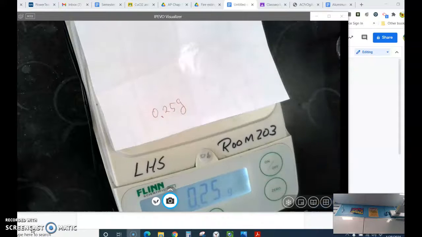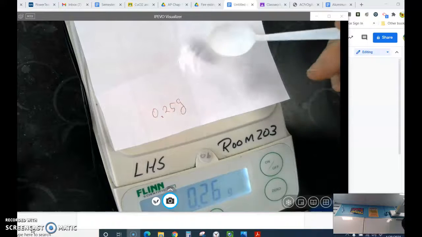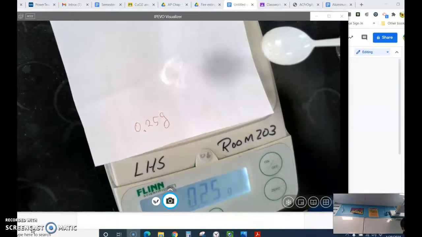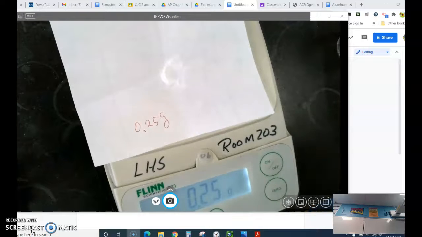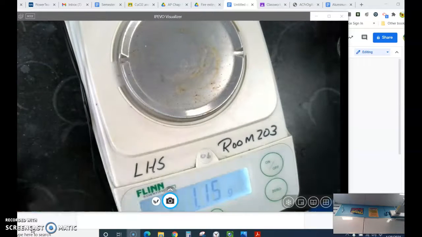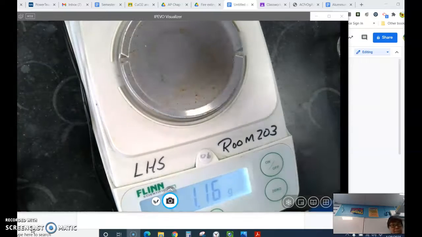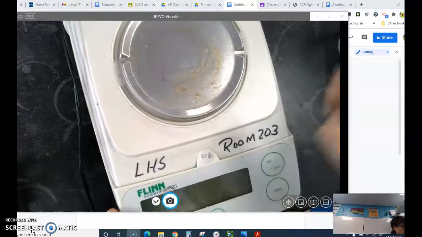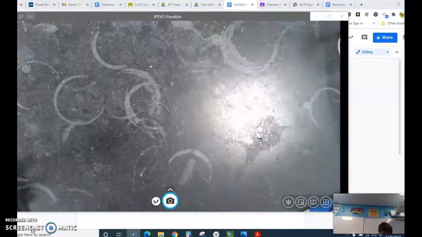Guys, can you see this one? A little bit less. Okay, 0.25. So the measurement is correct. I put this here, turn the scale off, and put it away so you have space.